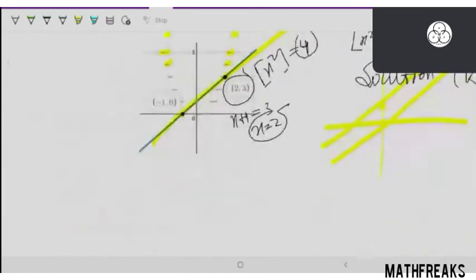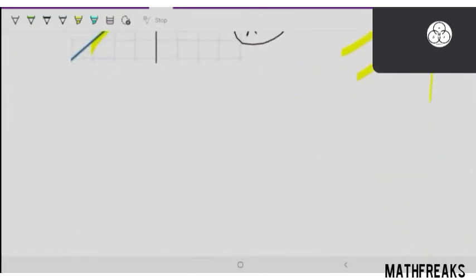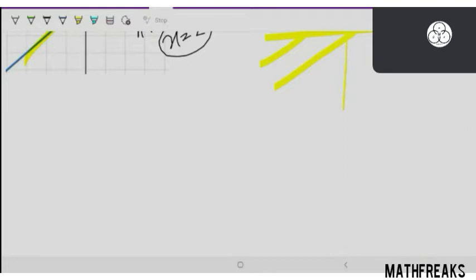Okay, fine. Box x square is done. Now let's solve an easy question, not from the concept of graph.